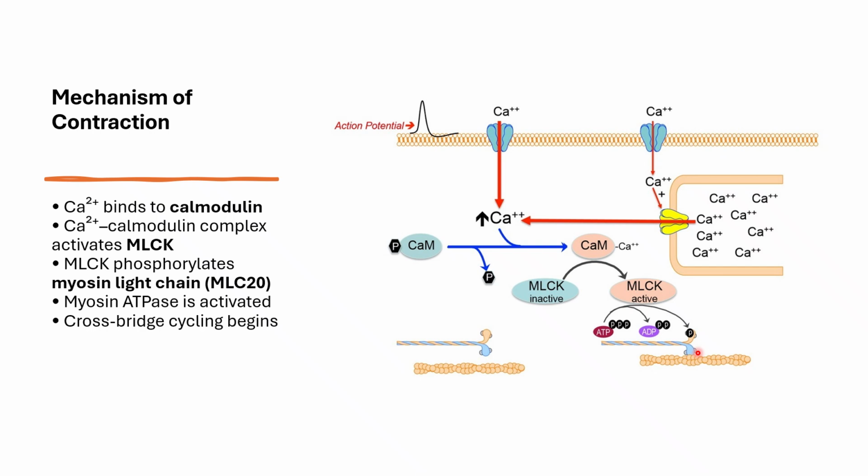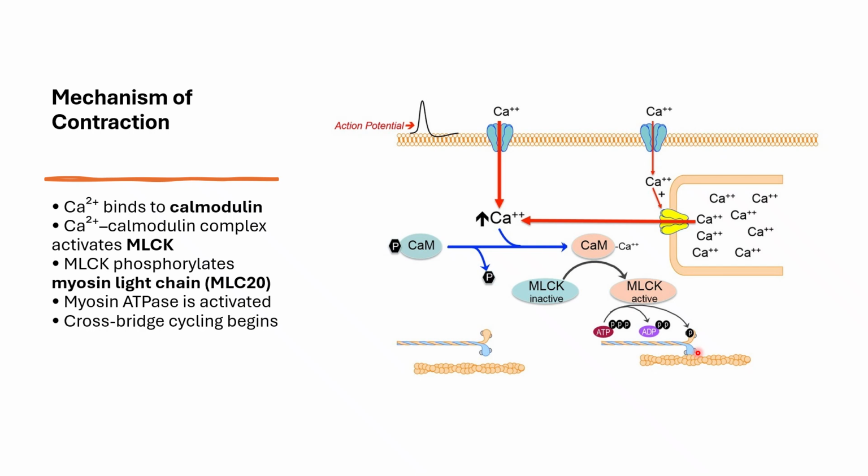But to summarize, cross bridge cycling begins: attachment, the power stroke, detachment, and reattachment, generating force that can be maintained for long periods. So this slide holds the essential sequence of smooth muscle contraction.